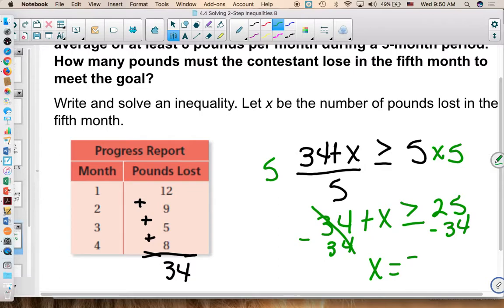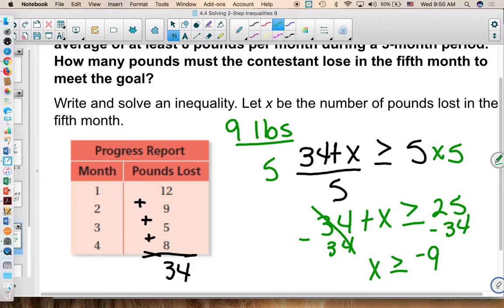We want to lose, so what's x going to have to be? X is greater than or equal to 9. We're talking 9 pounds then. Okay? X has to be greater than or equal to a 9-pound loss. That's why this shows up as a negative, because those are pounds that we're losing.